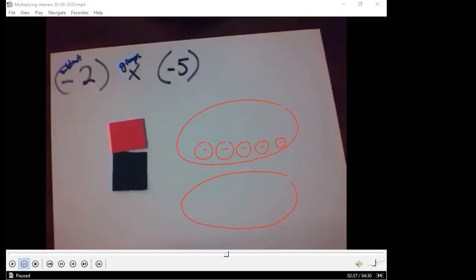But I said, with negative, we will use zero pair. So it's a rule. Here in this one, 1, 2, 3, 4, 5. I have negative, so don't forget, I have 1, 2, 3, 4, 5.